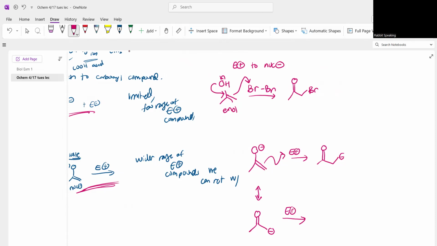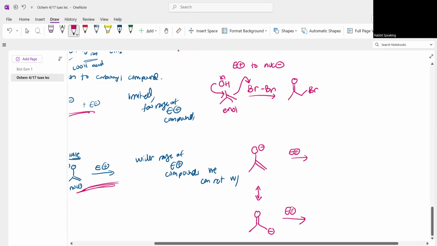I think I'm doing this wrong. Actually, this alkene will stay there is what my notes are showing, but I think that is very much wrong. Give me a second, let me pull up my lecture slides.